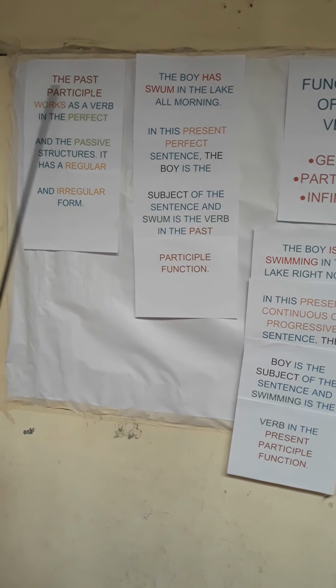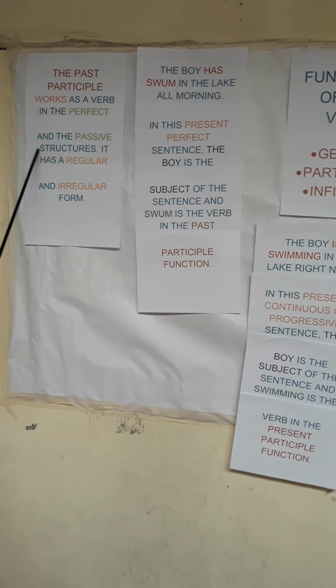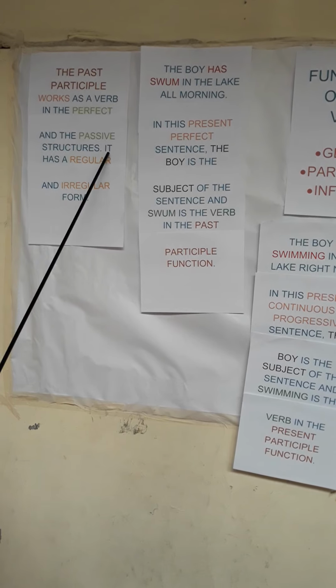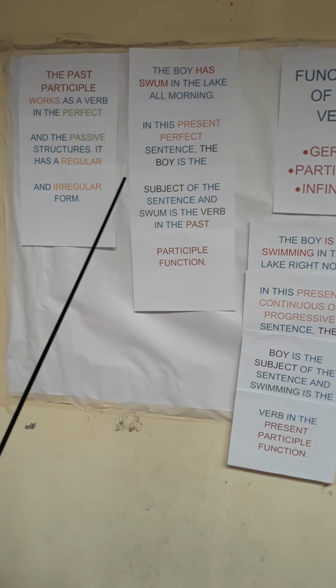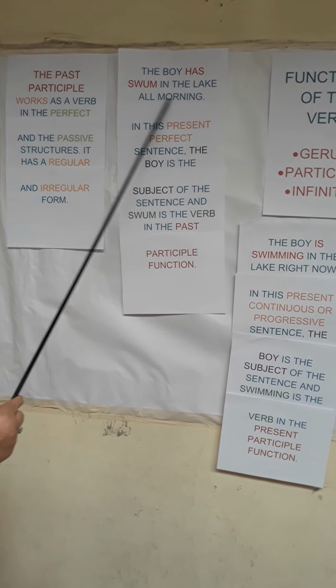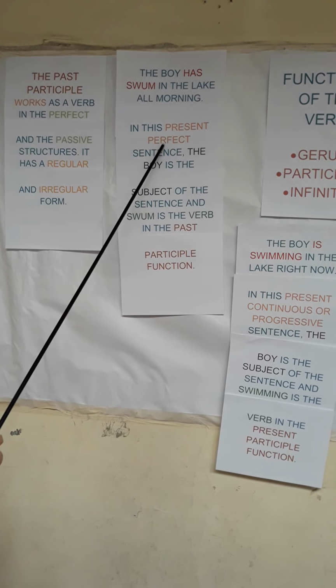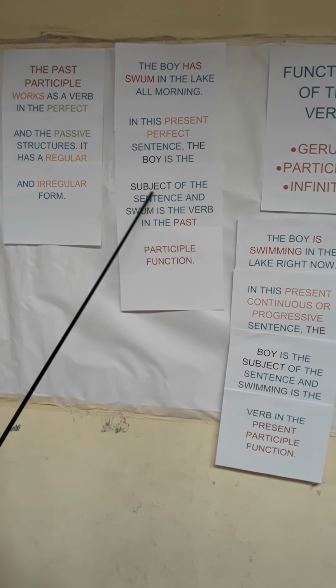Okay, so we have the past participle that works as a verb in the perfect and the passive structures. It has a regular and irregular form. For example, the boy has swum in the lake all morning. In this present perfect sentence, the boy is the subject of the sentence.